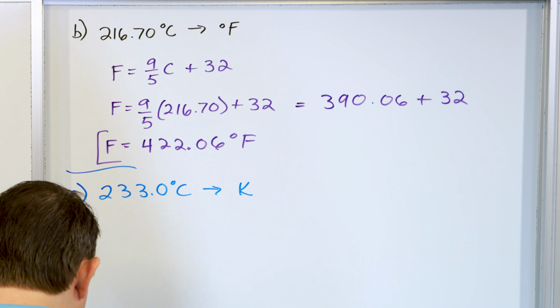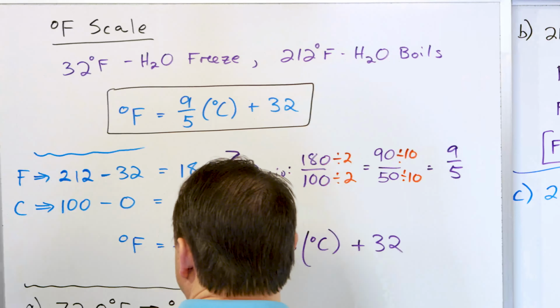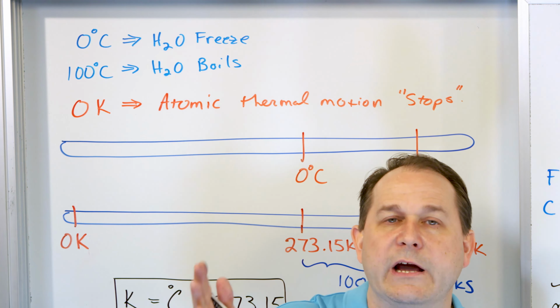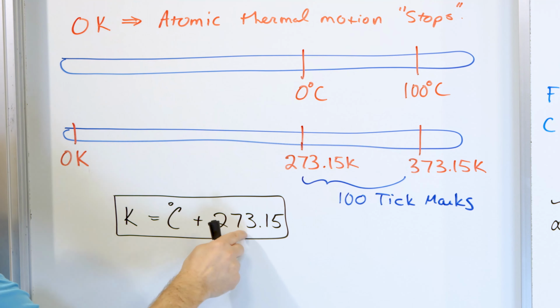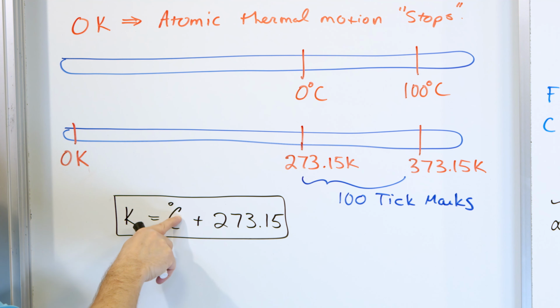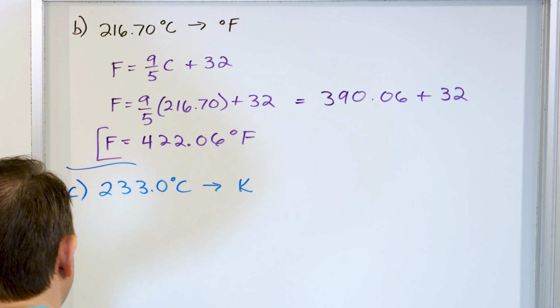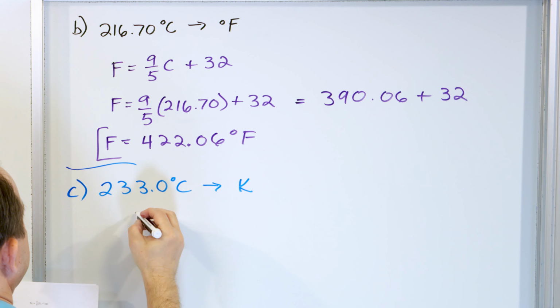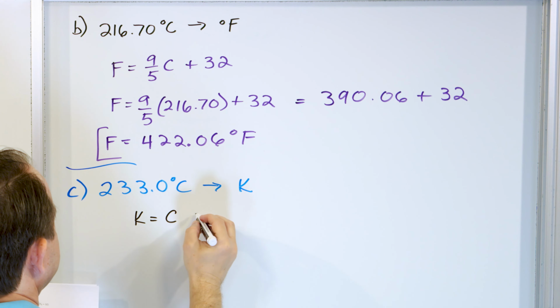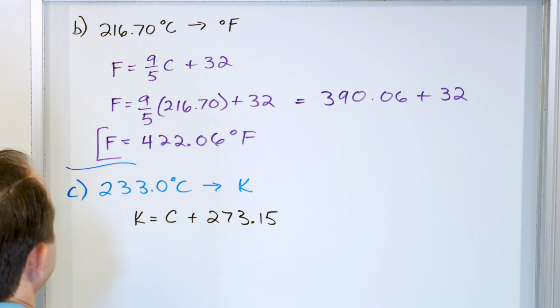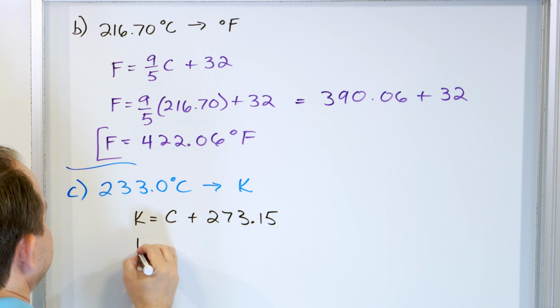So what is the equation to go from Celsius to Kelvin? You should, in your mind, think, okay, Kelvin and Celsius are related. Kelvin's always bigger. By how much? 273.15. It's bigger than Celsius. So the equation that we use is Kelvin is equal to Celsius plus 273.15. And we're converting to Kelvin, so we just stick it right in there.